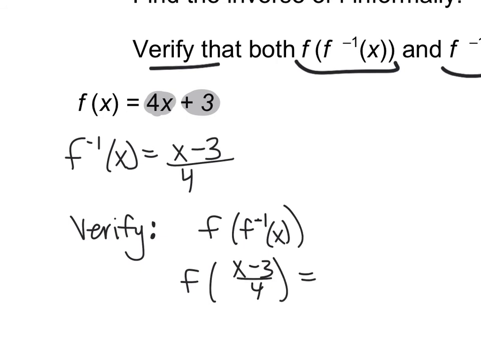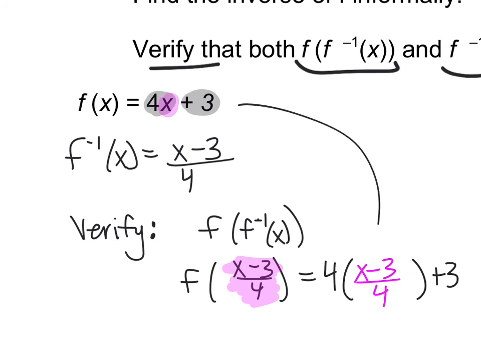And our f function comes up here. So we would substitute in what we have inside the parentheses to the x value in our function. So we'd keep the 4. I want to color code this. So we're going to keep the 4 like normal. We're going to substitute in for x, and we're going to substitute in the inverse. And then we're going to have that plus 3 at the end.